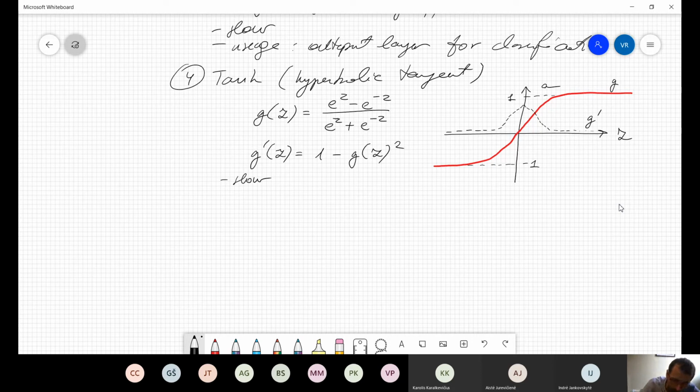And the usage of this is in hidden layers. I remember when I was doing my master's in physics, students were always told that tanh is the default for the hidden layers, but this is not actually true.